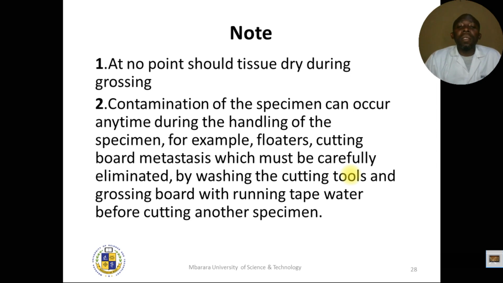And the grossing board should actually be cleaned from tissue to tissue, because you don't know which tissue actually has cancer, but now we are just suspecting. So some micro particles of the tissue can remain on the board, and then you put another tissue and it can cross over.